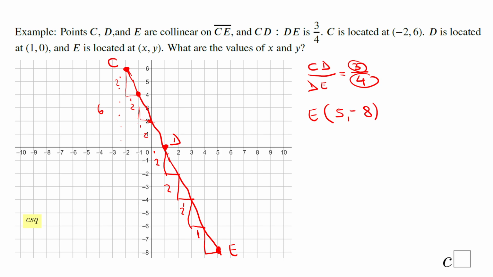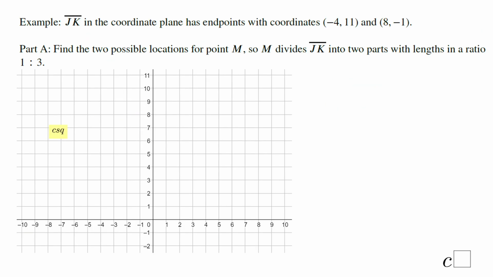Okay, now let's take a look at the next example, very similar. We have segment JK in the coordinate plane with points with coordinates (-4, 11).